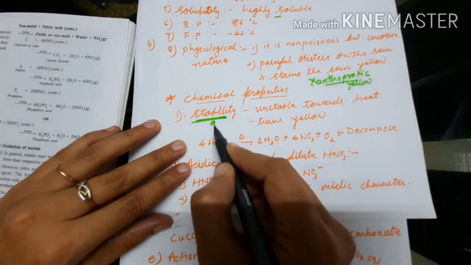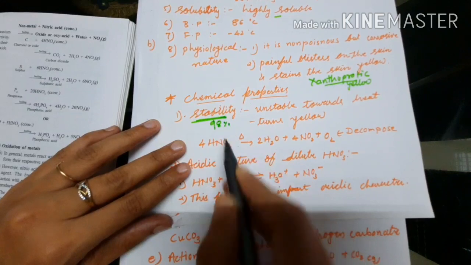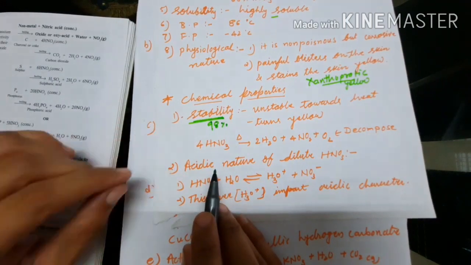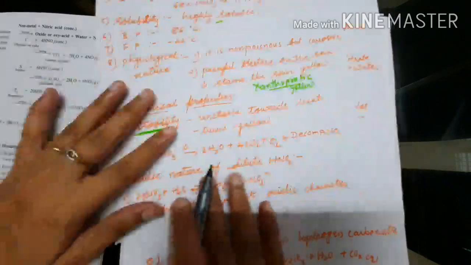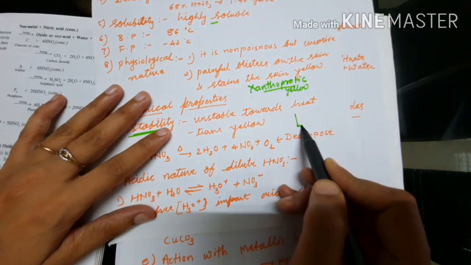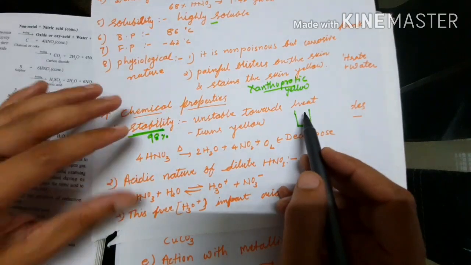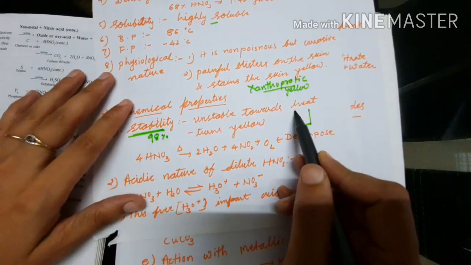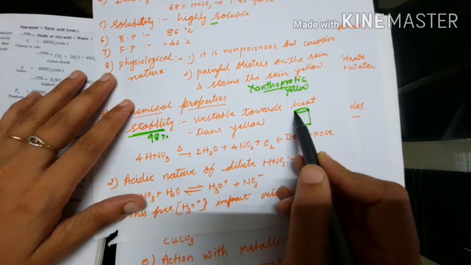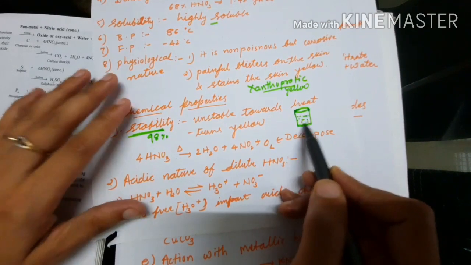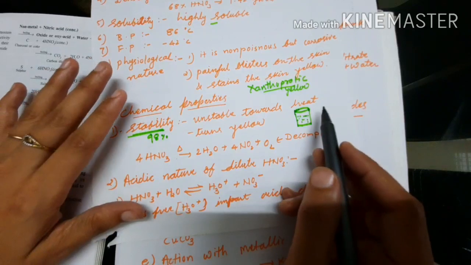If we take 98% nitric acid, it is unstable towards heat. Suppose I have a nicely colorless, very transparent and clean glass bottle, and I fill nitric acid in it and store it in the cupboard.